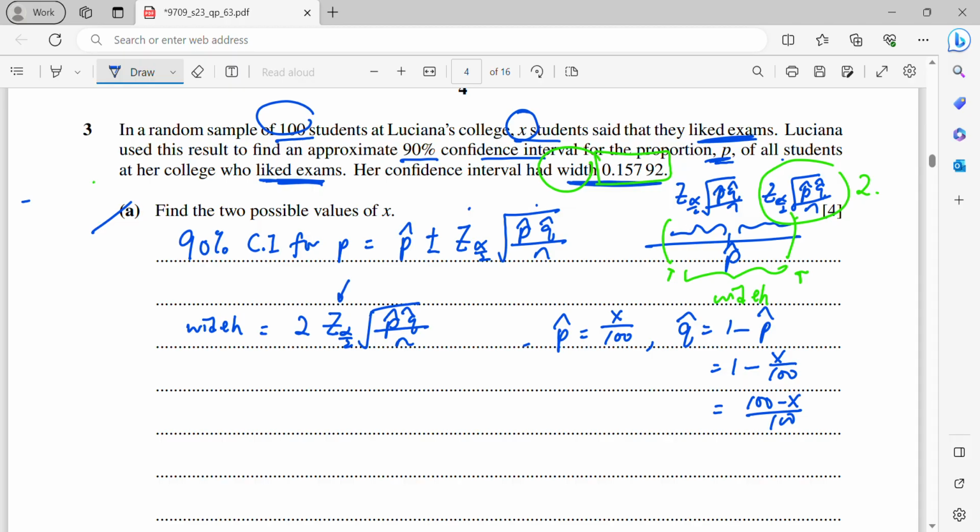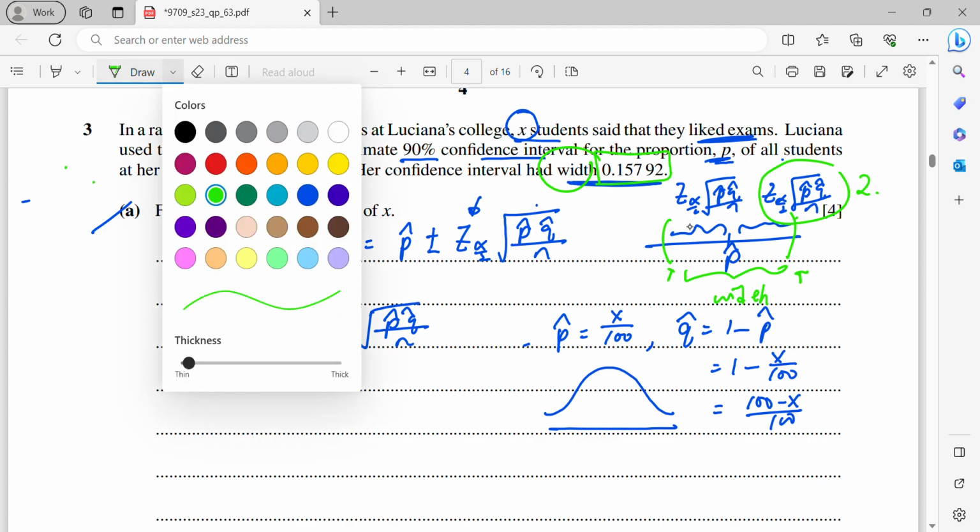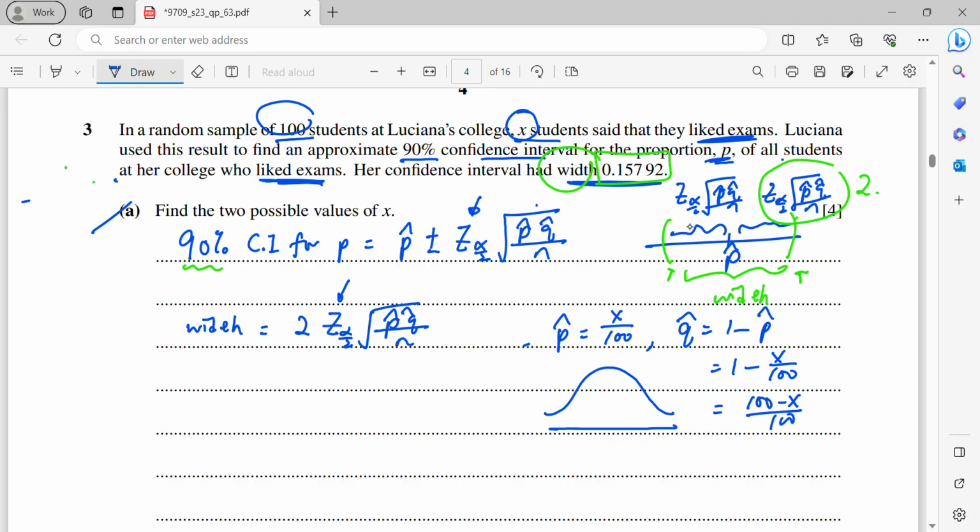Then what is my Z value? So now you have to refer to the normal graph, because based on here, this is normal critical value. So for the normal graph, right, now we are forming 90%. Or you are given the width of 90% confidence interval, which means here is 90%, the middle, right? This is 90%.